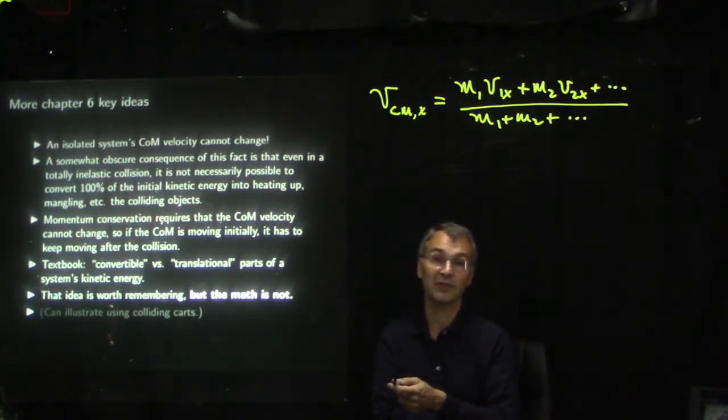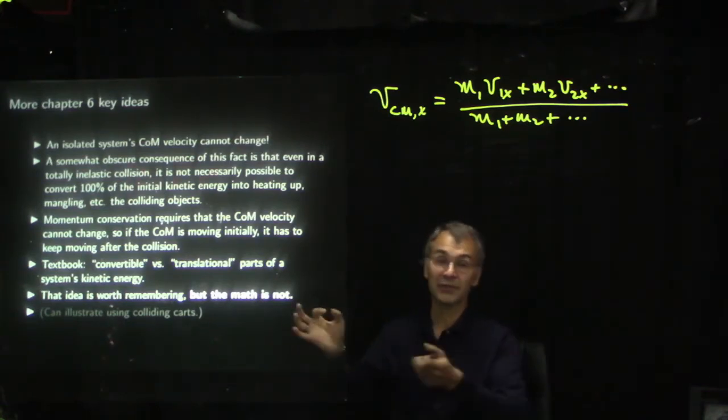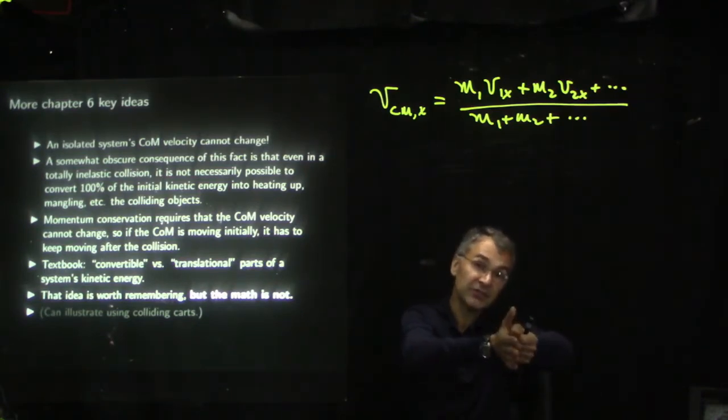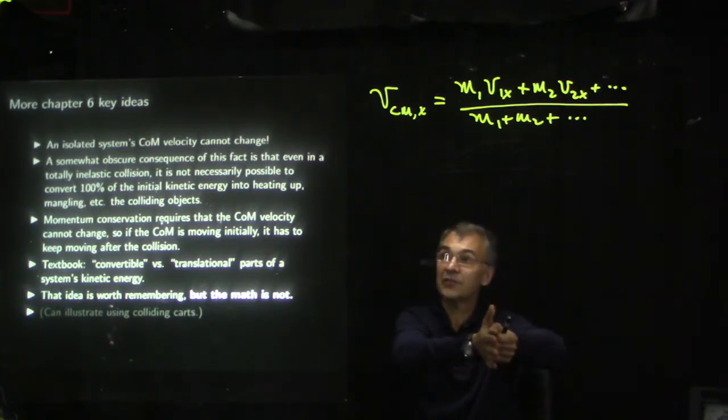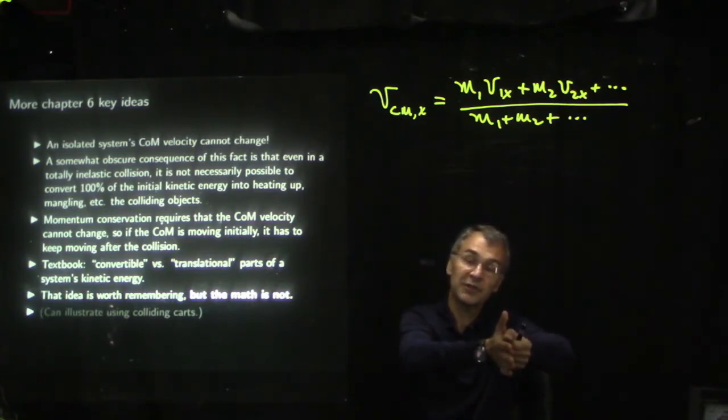Actually, somebody asked me this. It's actually pretty interesting. So if you start out with a system whose center of mass is moving, then even if you have a totally inelastic collision, so the parts afterward are not moving with respect to each other, there's still some kinetic energy left at the end because momentum of the system as a whole stays constant.